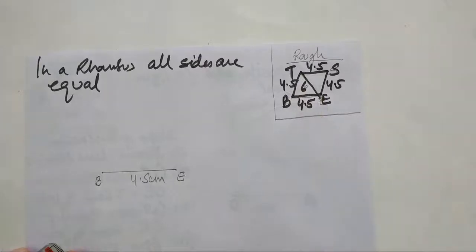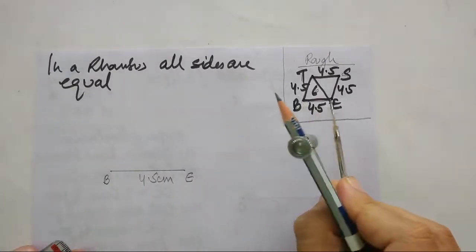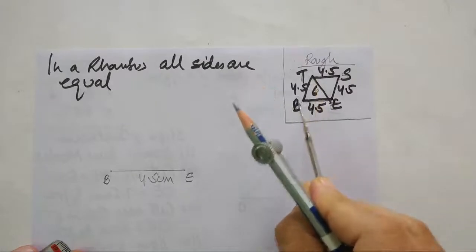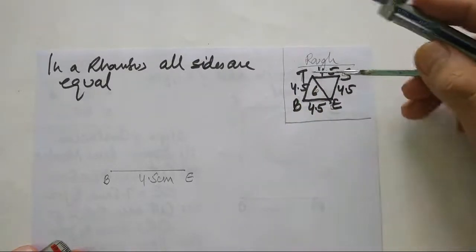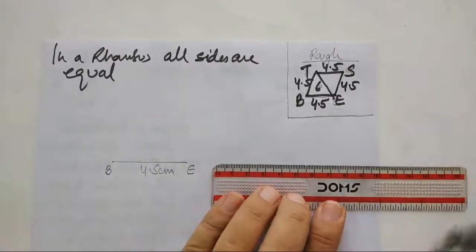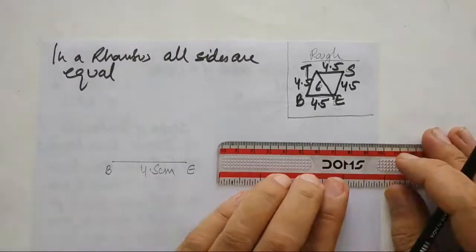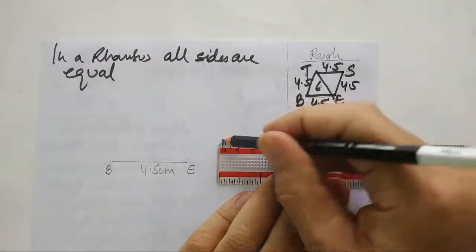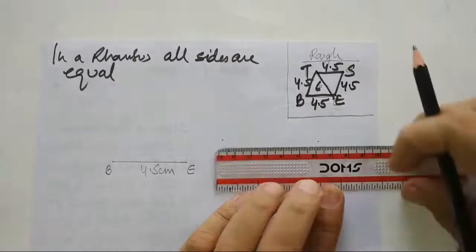Whenever we construct, we have to see that a triangle or some figure will be made, and on that the other parts will be made. So I have to make BET. So I am constructing this part. This length is 4.5 and this length is 6. So let's measure 6 centimeters. How do you measure 6 centimeters? By using a scale and marking the length of 6 as two points.